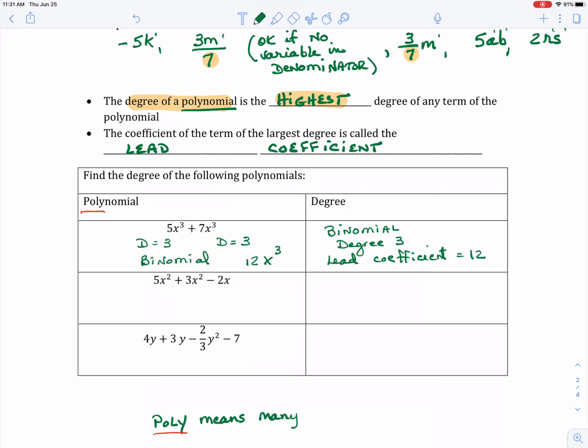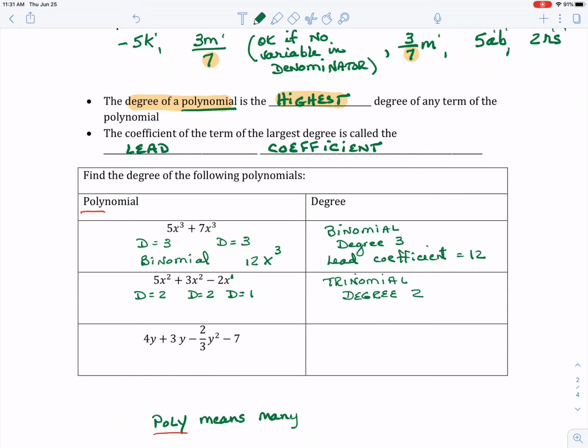All right, so let's look at this next one. This one is a trinomial. The degree on the first term is 2. The degree on the second term is also 2. And the degree on the third term is 1. So I would call this a trinomial of degree 2, because that's the highest degree that I see there.